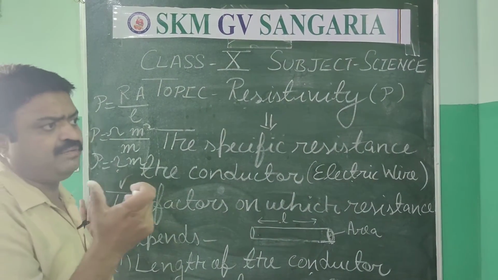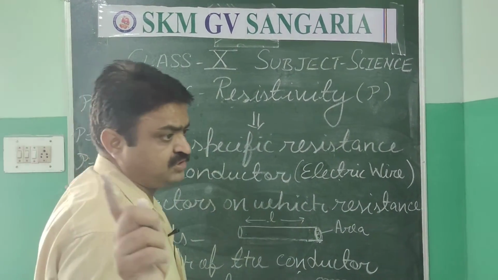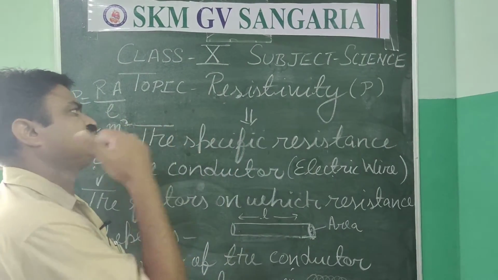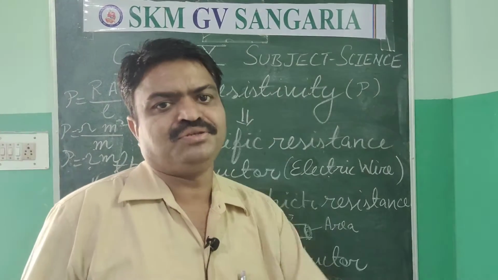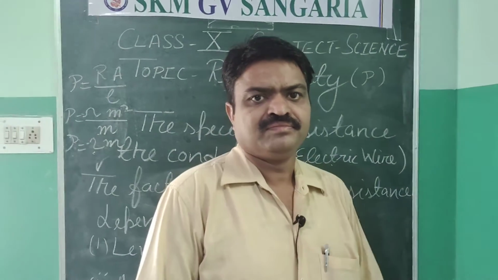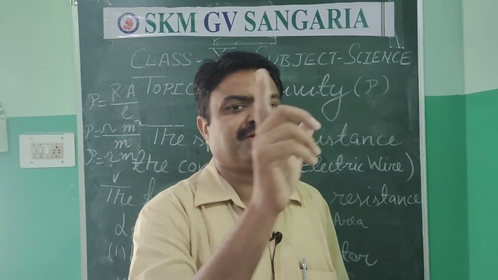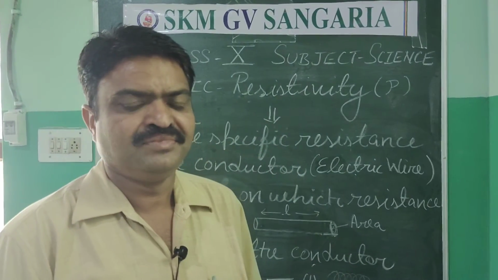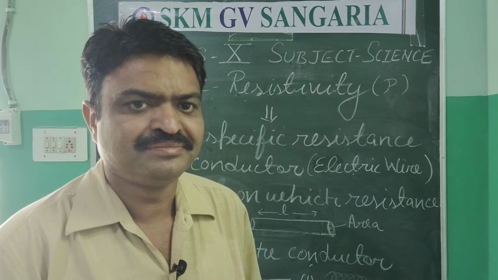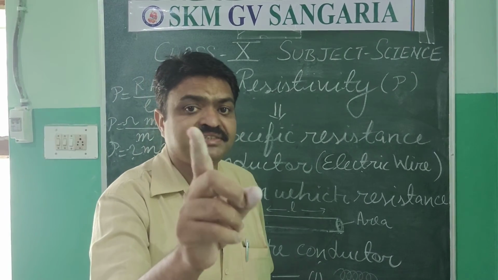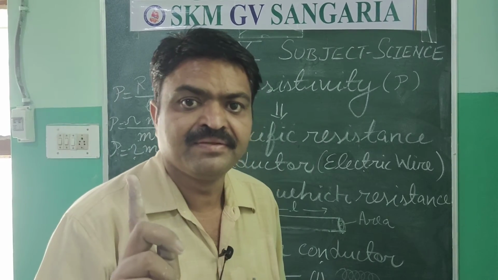So you can tell me the answer of this question, what is the resistivity of the superconductor? Yes, tell me the resistivity of superconductor. Very good. They don't have the resistivity. Why?